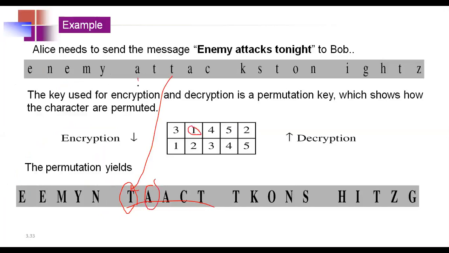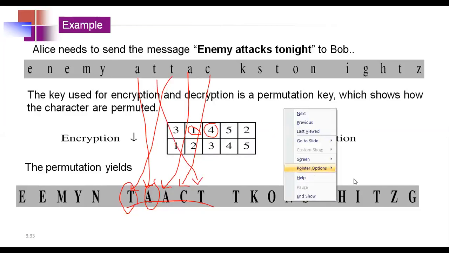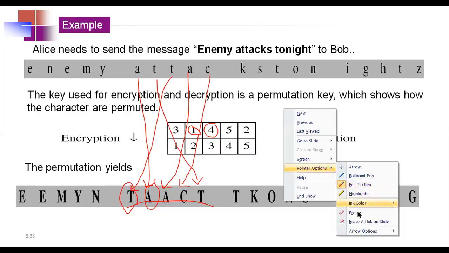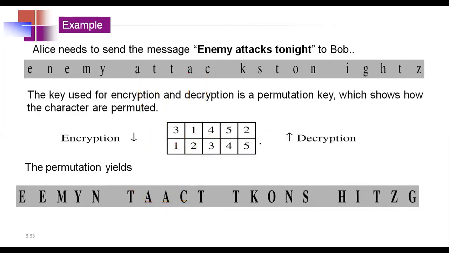That means this A. Third character is the 4th character. This 4 is here. 4th character is 5. And the fifth character is 2. What is 2? This one. So what is the permutation key here? For each and every block, 3, 1, 4, 5, 2.